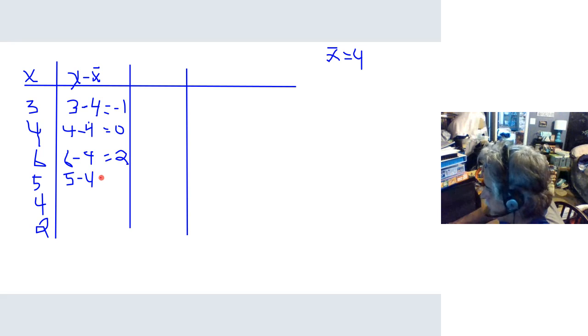Okay, and if you've got any questions about what I'm doing here, just let me know, because I'm assuming that this is pretty obvious, but all I'm doing is subtracting 4, which is the mean, from every one of the pieces of data, all 6 of them.